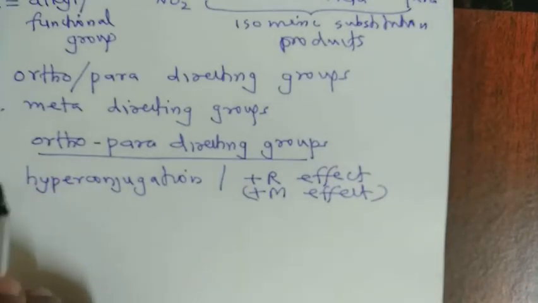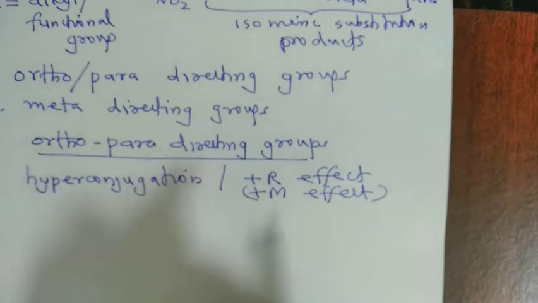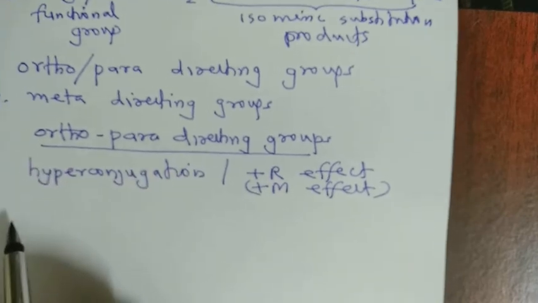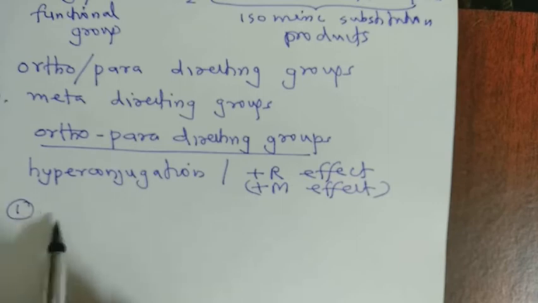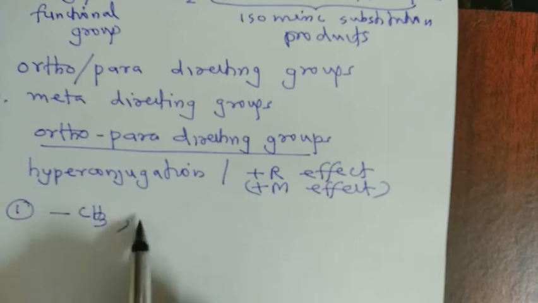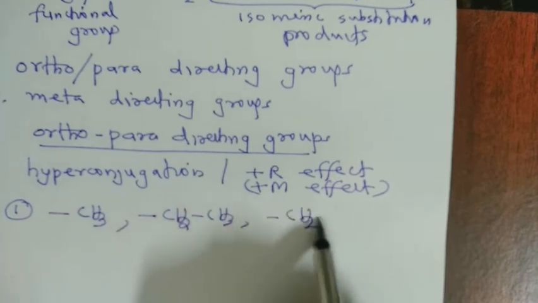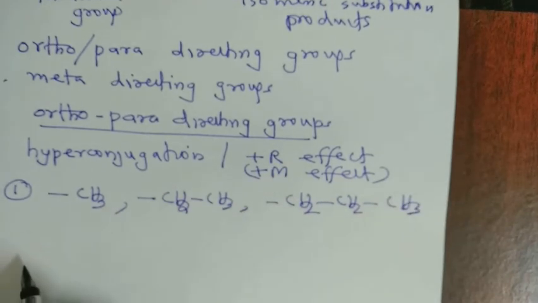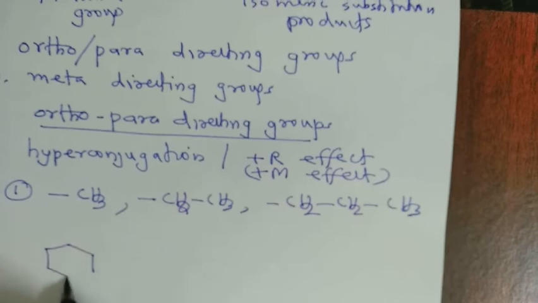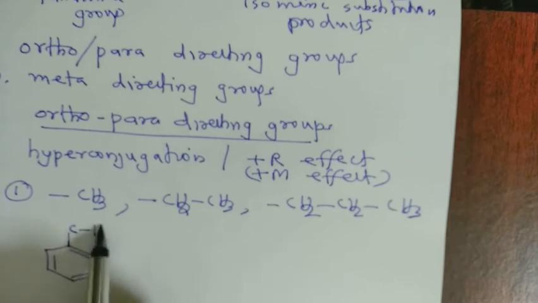The groups that are increasing electron density at ortho-para positions in the benzene ring are called ortho-para directing groups. Examples: first type, alkyl groups like methyl group, ethyl group, propyl group, etc. When attached to the benzene ring, electron density at ortho and para positions increases through hyperconjugation.